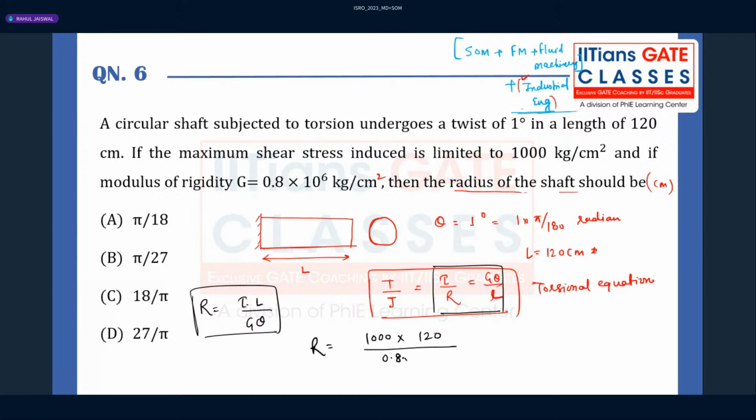G value is 0.8 into 10 power 6, once again in kilogram per centimeter square. That unit will be cancelled out by the tau unit, and theta will be pi by 180.